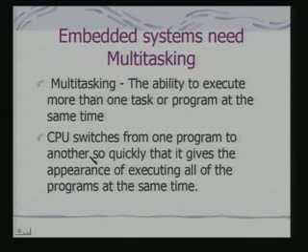In a multitasking system, the CPU switches from one program to another quickly so that it gives the appearance of executing all of the programs at the same time. In fact, we have the same processor, and on the same processor these tasks are being time shared, and these tasks are actually independent modules, and therefore these functionalities are getting implemented or realized through independent modules.